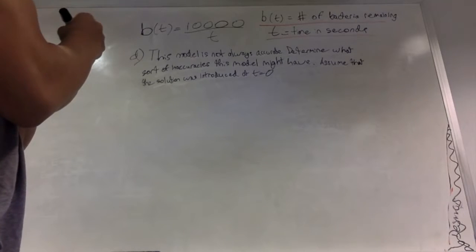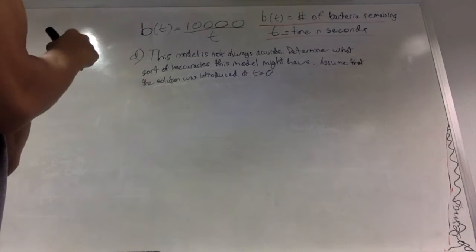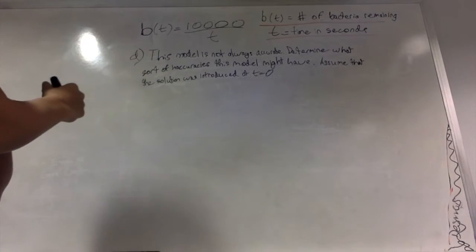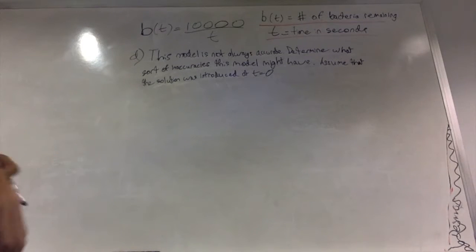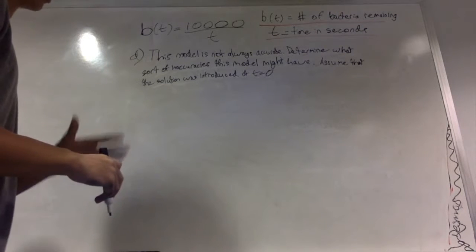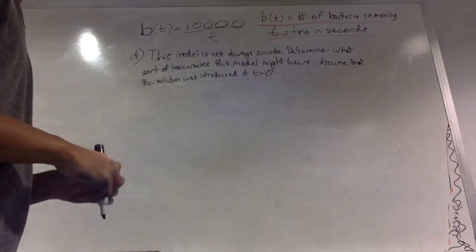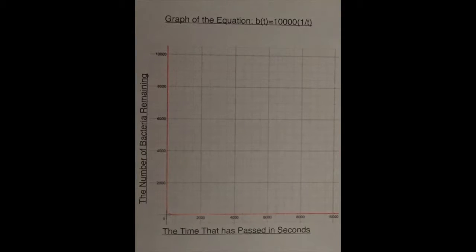For D, it is asking for what inaccuracies this equation has for this situation. Assume that the solution was introduced at t equal to 0. So for us to determine what inaccuracies there are, we must graph it. This is a graph of B(t) = 10,000 times 1 over t.